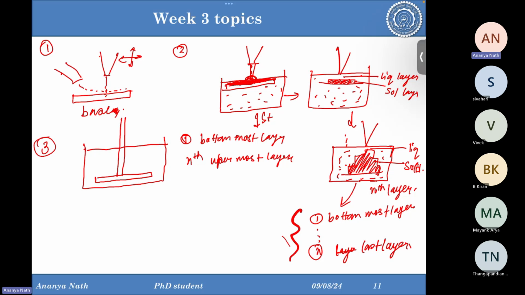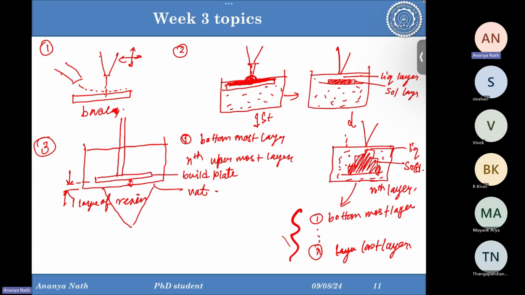So this build plate will be dipped inside this vat in such a manner that in between the build plate and the vat, only one layer of resin is present. Now the laser or UV light will come from the bottom part.